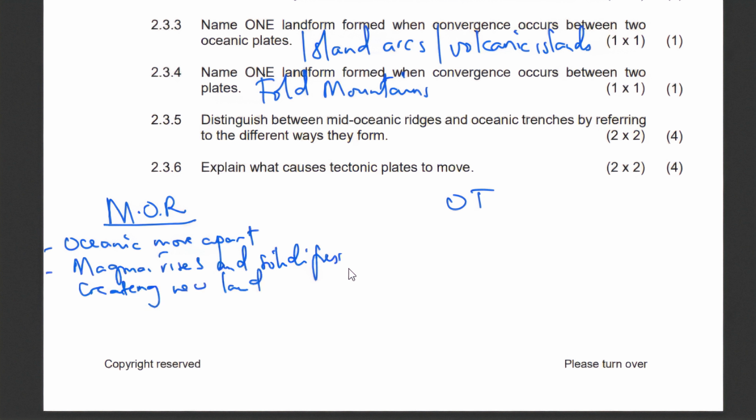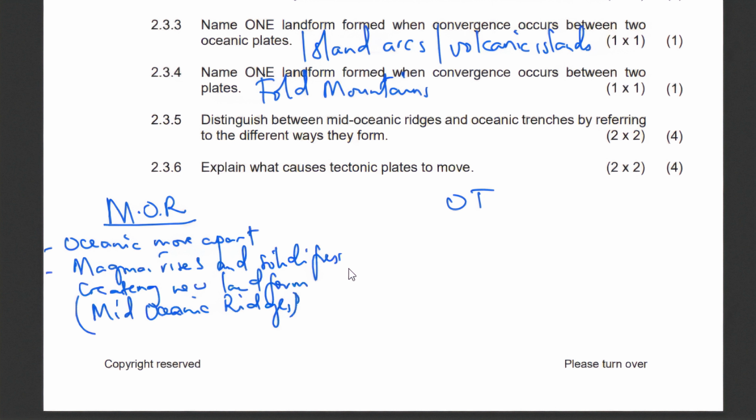And these landforms, usually we call them the mid-oceanic ridges. A mid-oceanic ridge, we are saying it's a range of mountains which are inside the oceans. A range of mountains that we find inside the oceans.